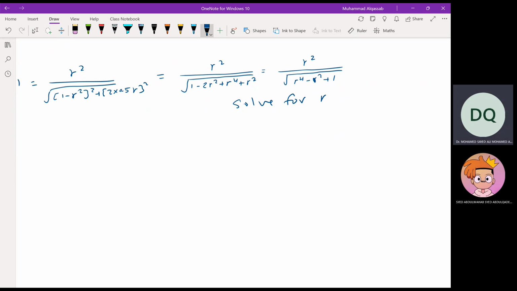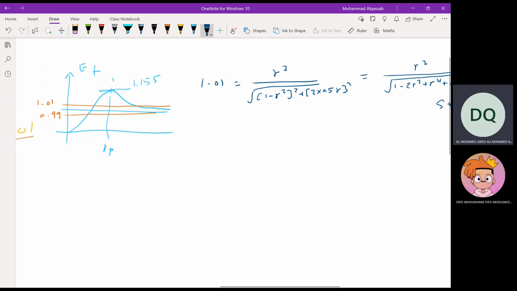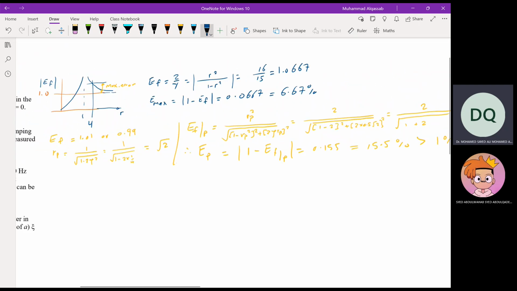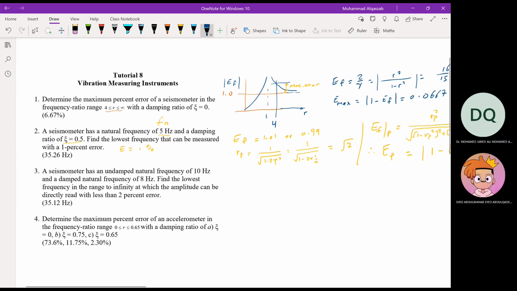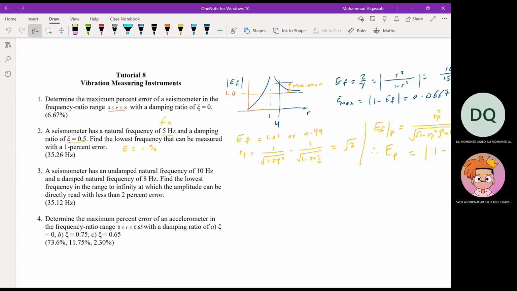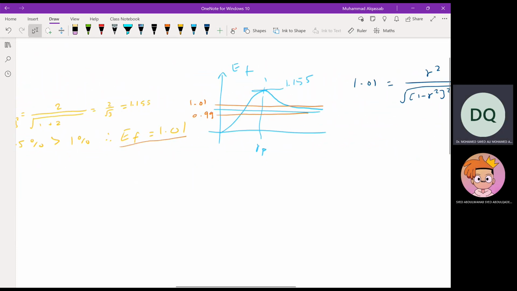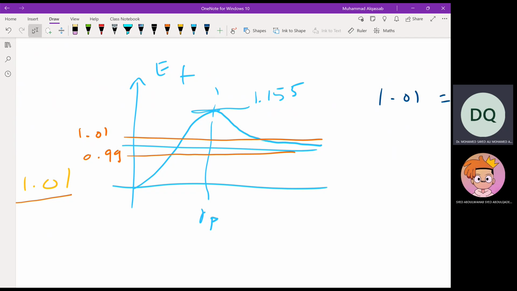Okay, so which one do we choose? We choose R2, greater than R1, to be the beginning of the range. That is the lowest frequency ratio in the range. And then we can complete the solution by finding the frequency in hertz. From this graph, we will have R1 and R2, with R2 greater than R1.